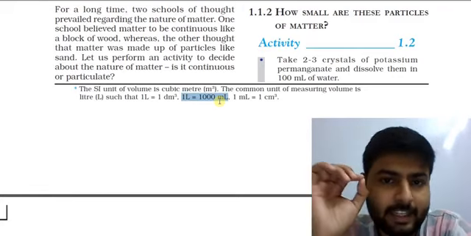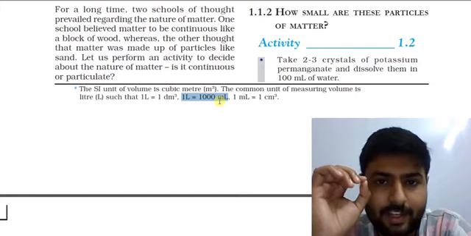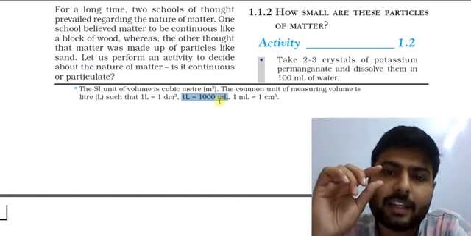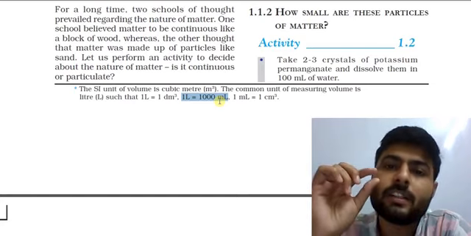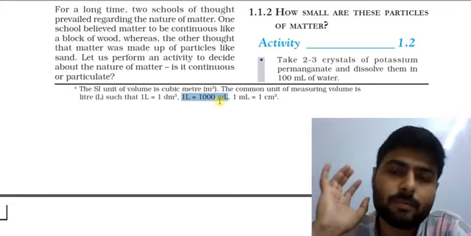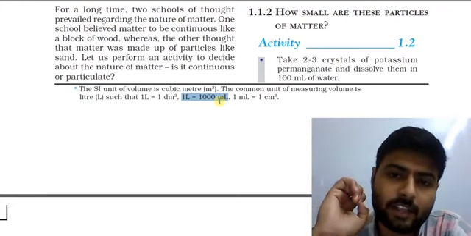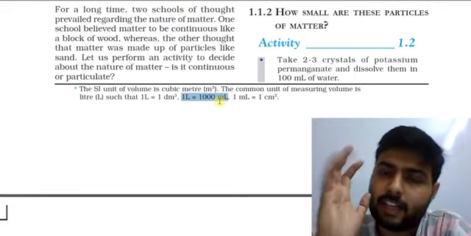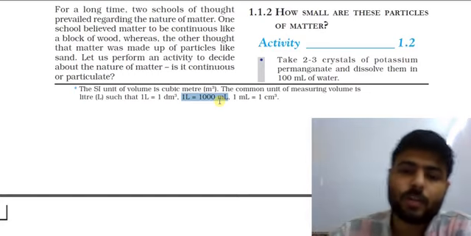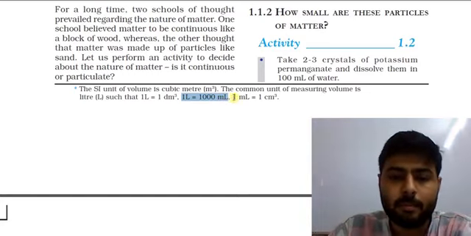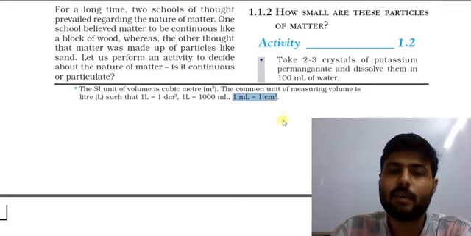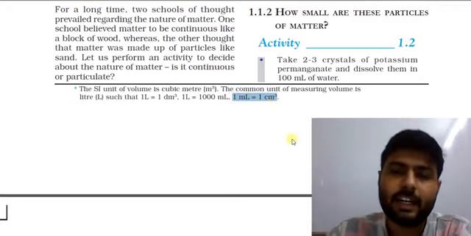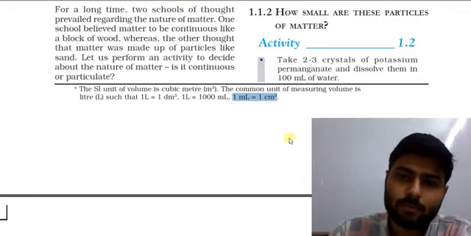So 1 milliliter is the quantity filled by a cube of 1 centimeter cube. I hope you can understand the relation between ml and centimeter cube. So you can remember 1 milliliter is equal to 1 centimeter cube.